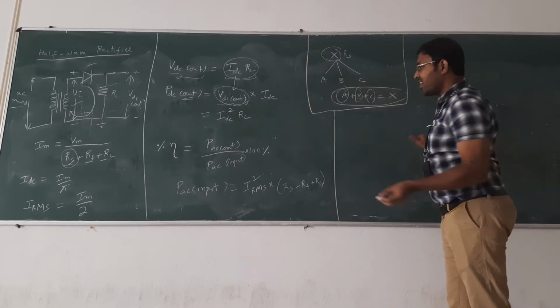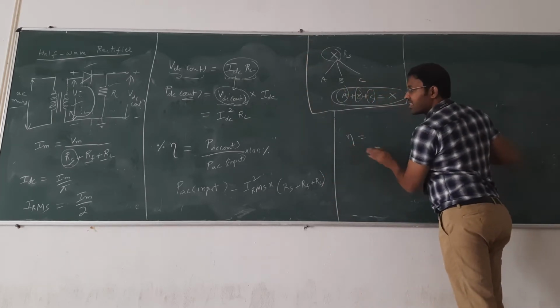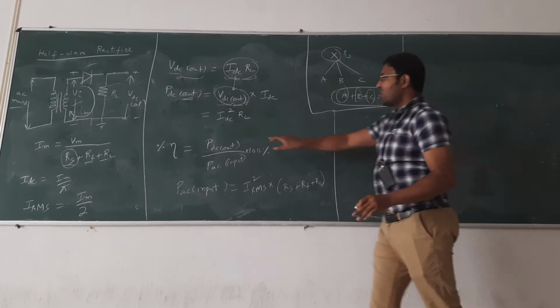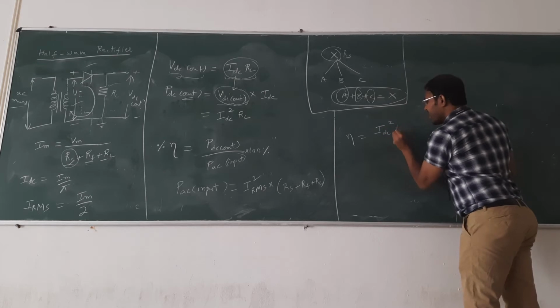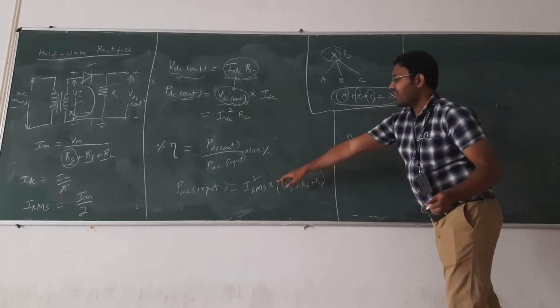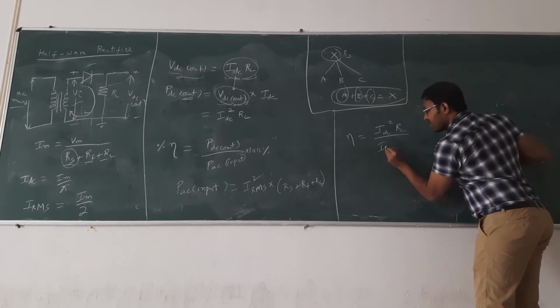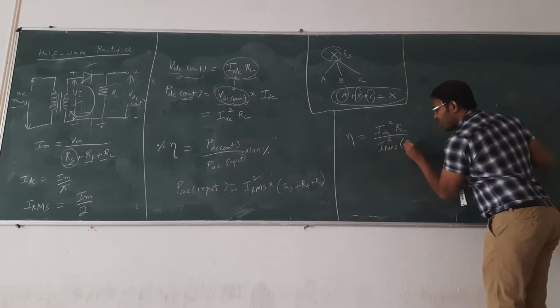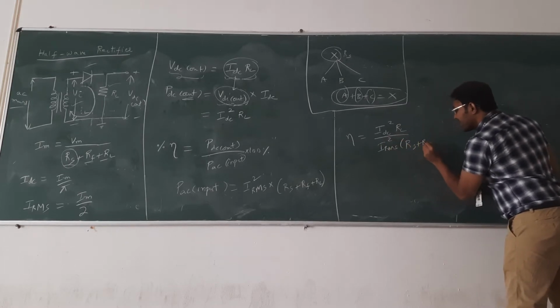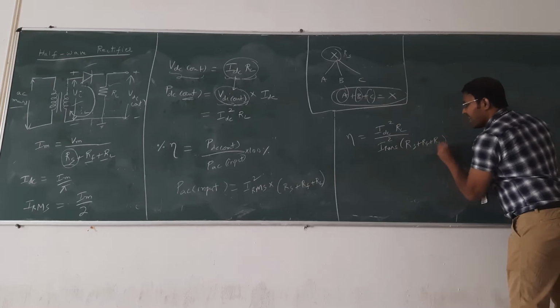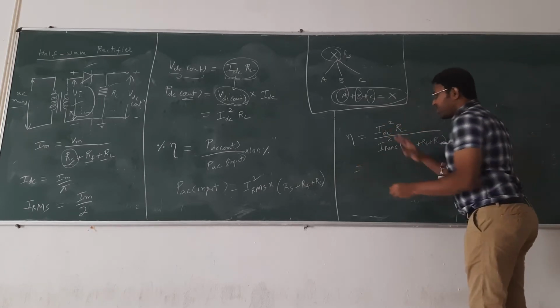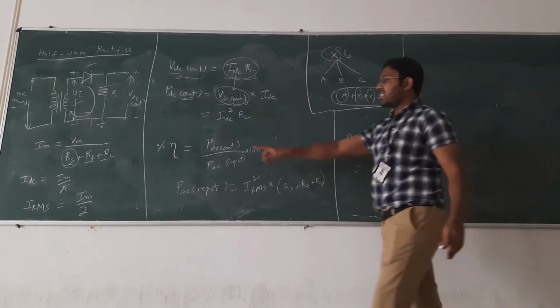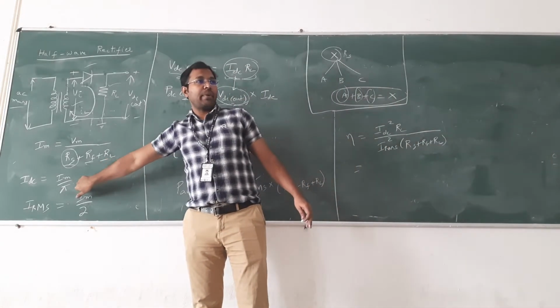So what will the efficiency be? Tell me. PDC out we already got: IDC square RL, divided by IRMS square into RS plus RF plus RL. What is the expression for IDC?